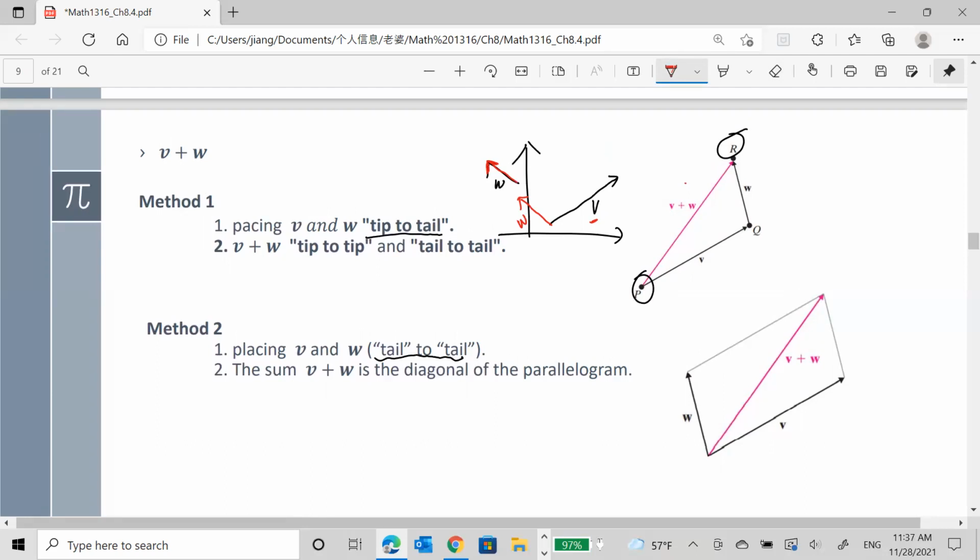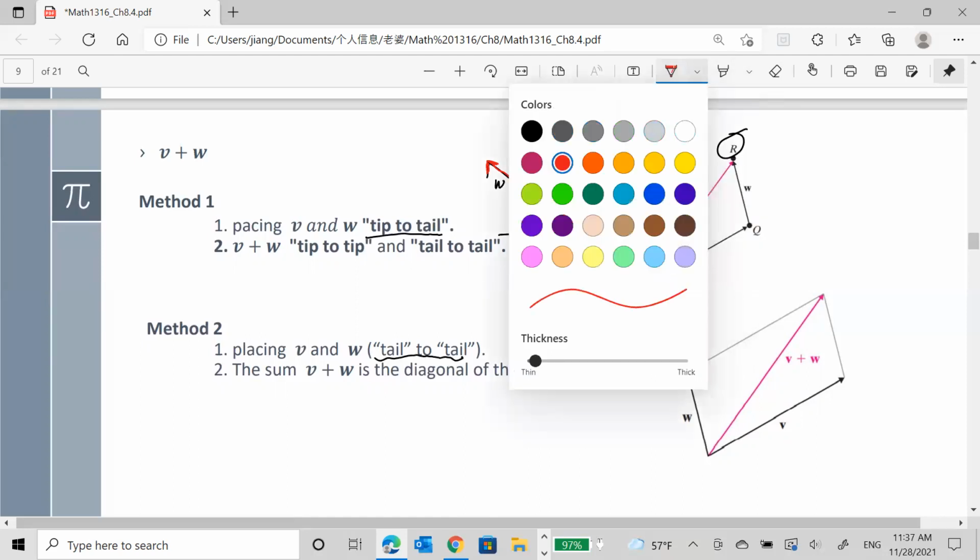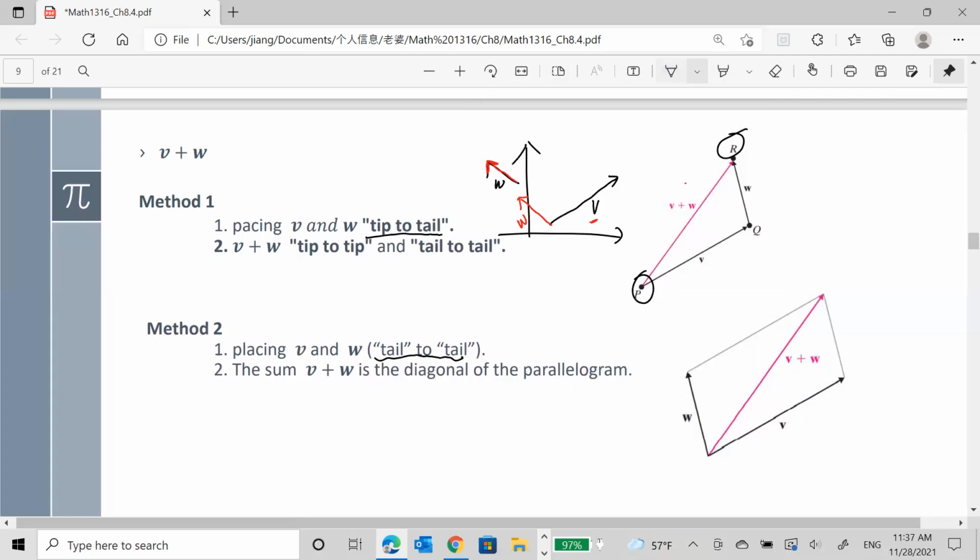And then the next step, draw a parallelogram. So how to draw a parallelogram? I can draw one parallel to this one, and then parallel to this one.